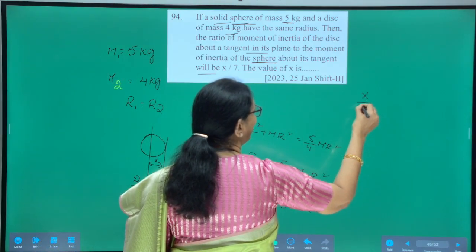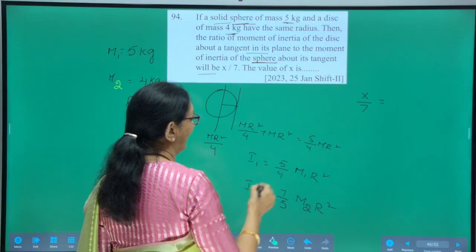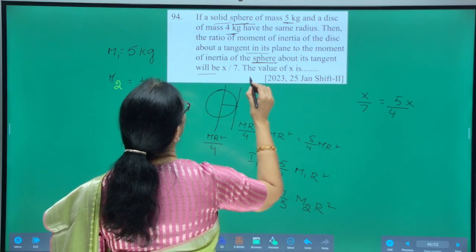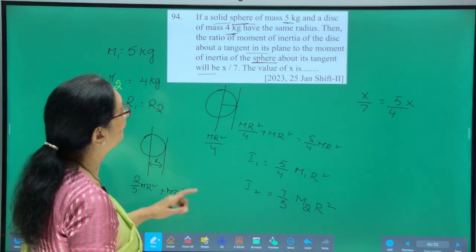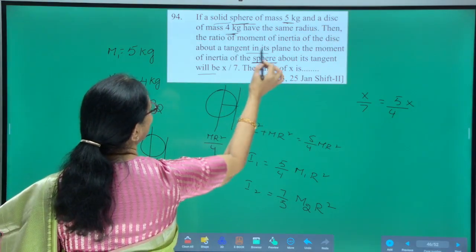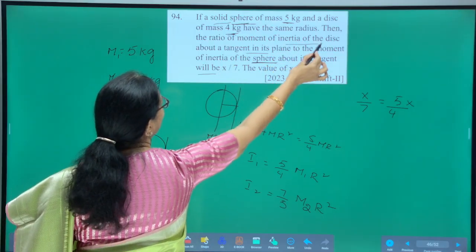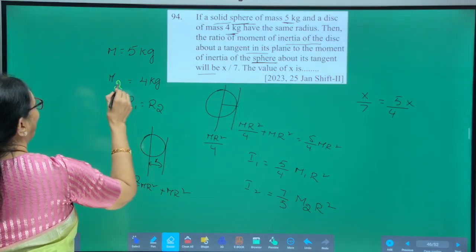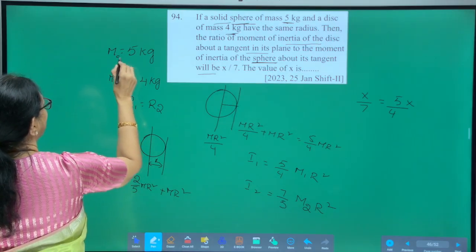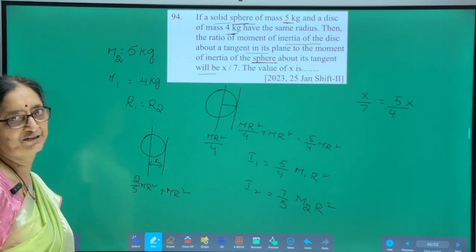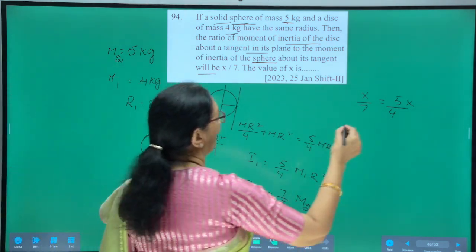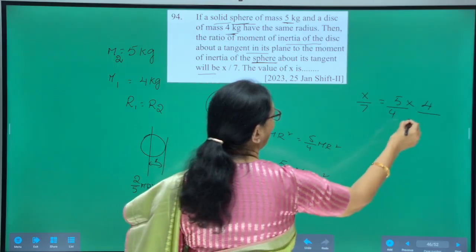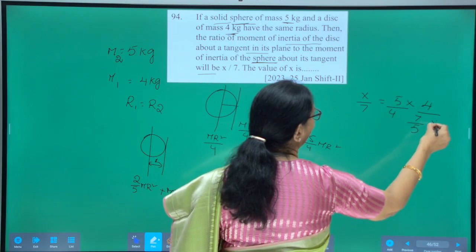So, x by 7 is equal to I1 by I2, that is 5 by 4 into m1. But in this case, the first one is taken as the disk. So, the disk mass has to be taken as m1 and the sphere mass should be taken as m2. That is the mistake we have done. So, m1 is 4. So, 5 by 4 m1 by 7 by 5 m2.